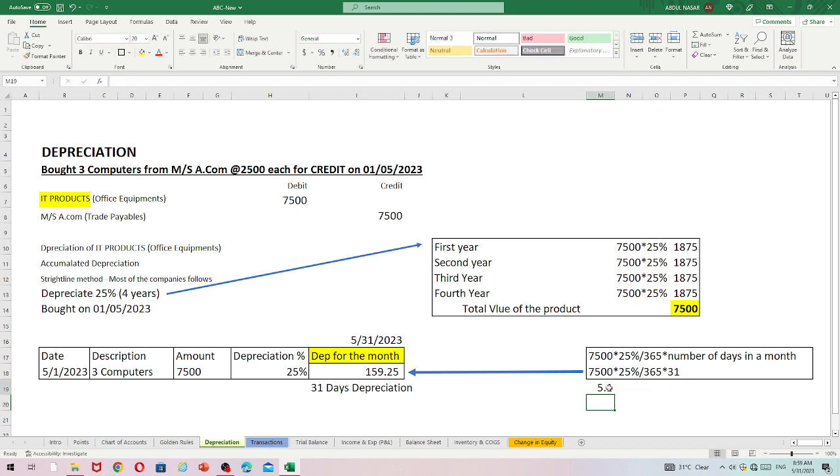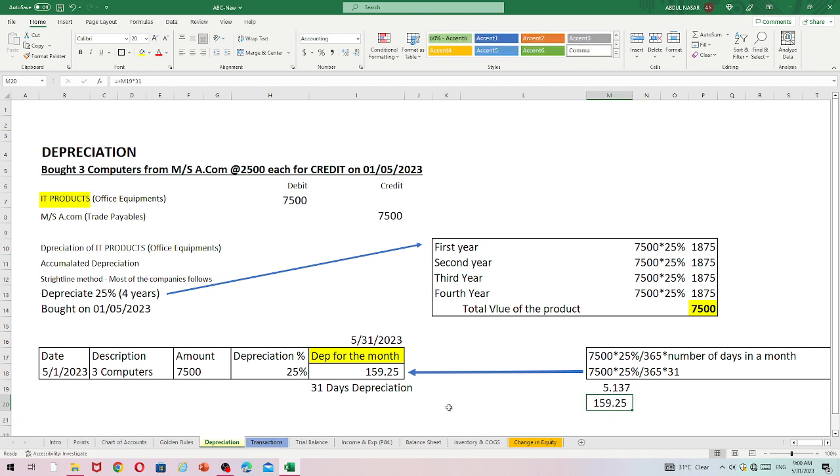So this is the 1 day depreciation for these three computers. So what will be the depreciation for May? Since May is 31 days, 5.1 into 31. So 159.25 will be the depreciation for the month of May.